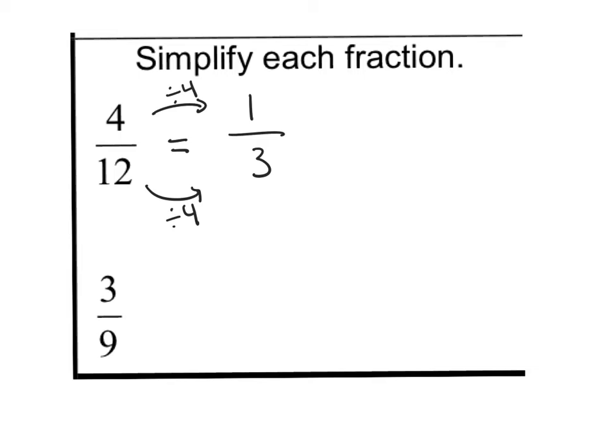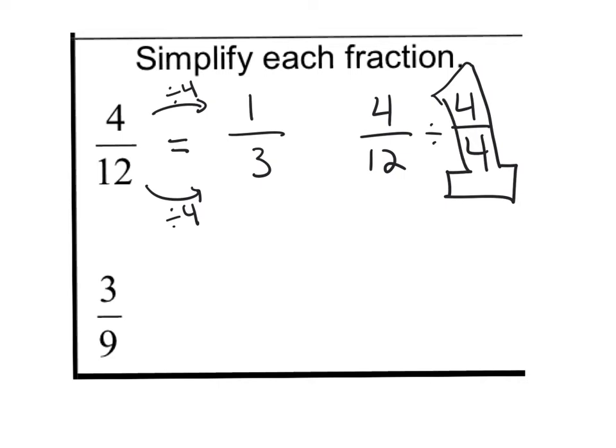And the reason we can divide by 4 on top and by 4 on the bottom is because if you think of it this way, you're dividing it by 4/4. So really, you are dividing this by 1 actually, which means if I divide anything by 1, it's the same value.